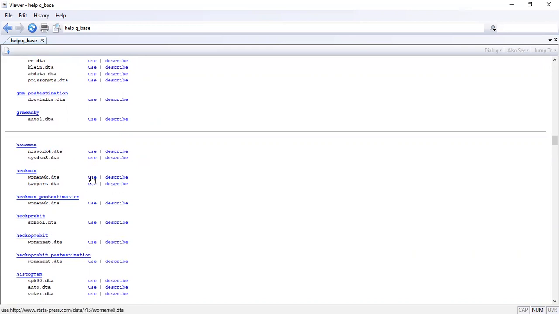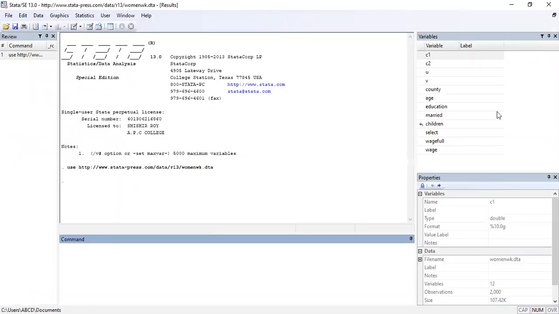We will use this data file, then click on use. Then we will return to our Stata window. We get the variables here: country, county, age, education, married, children, select, wage. This is a data set of women in the labor market.